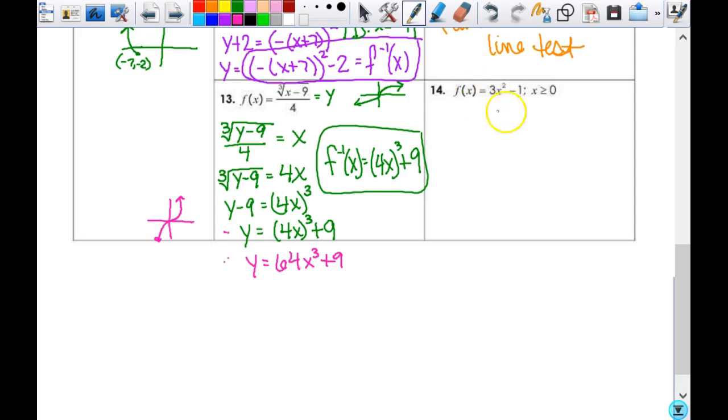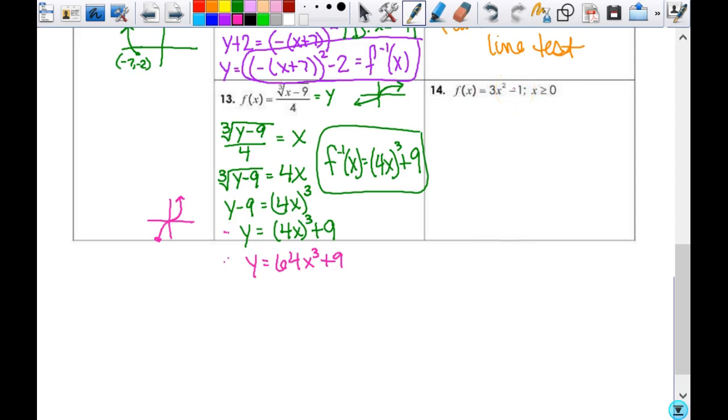All right, so when I graph this, I got our domain restriction here, right? If I didn't have my domain restriction, what would I get? A quadratic. If this wasn't there, I'd have a quadratic. But I only want it where x is greater than or equal to 0. Well, this is a vertical stretch, right? And this is a horizontal shift.